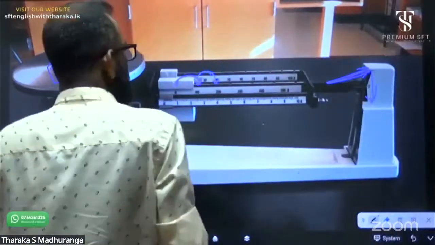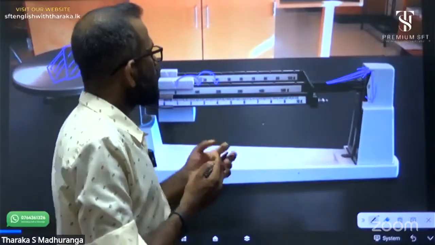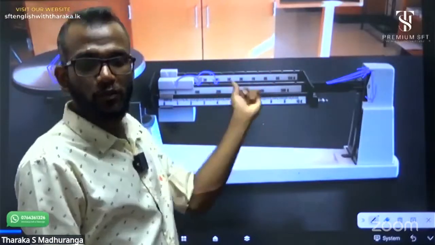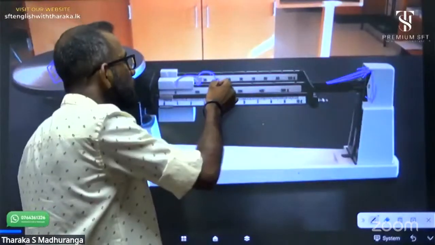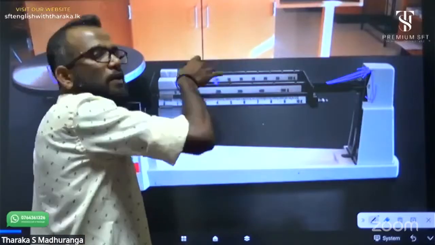Then what to do? What's the next step? I found the object mass is less than 200. Then you have to get the rider back into the previous value, that means 100 gram.